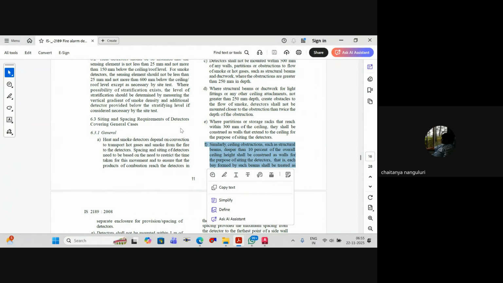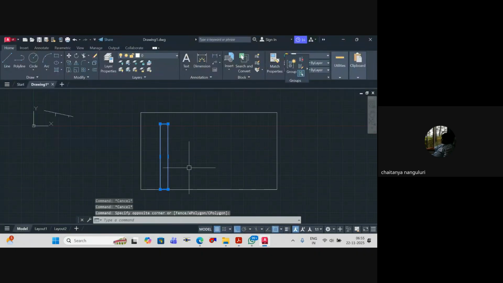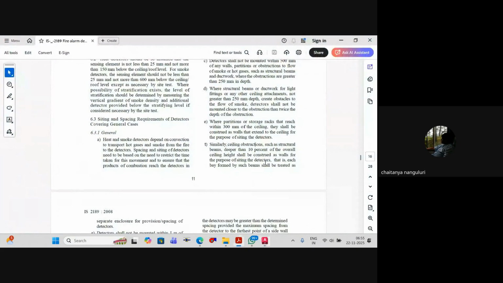Coming to the next one: similarly, ceiling obstructions such as structural beams deeper than 10% of overall ceiling height shall be constituted as walls for the purpose of siting of detectors. That means, let's say your building height is 4 meters.